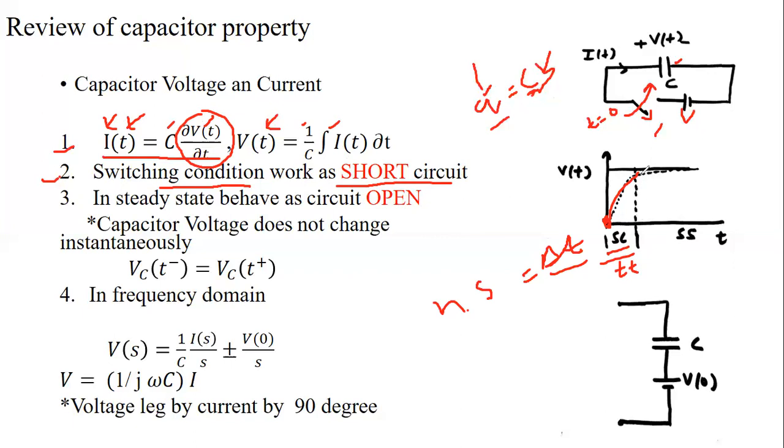While in steady state condition, steady state means the change in voltage becomes zero or voltage becomes constant. So in steady state, del v(t) by del t is zero. Del v(t) by del t zero means current i(t) is 0, and current zero means it works as an open circuit. So in the switching condition, capacitor works as a short circuit, and in steady state condition it works as an open circuit.